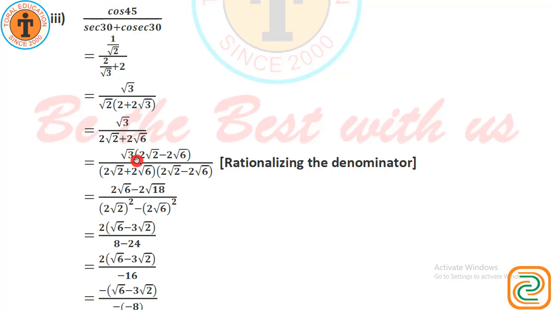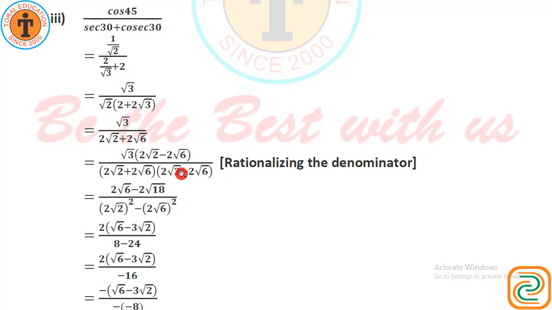Root 3 into 2 root 2 minus 2 root 6, here is plus, and this 2 root 2 plus 2 root 6 into 2 root 2 minus 2 root 6. Both the brackets must be same when you rationalize the denominator.